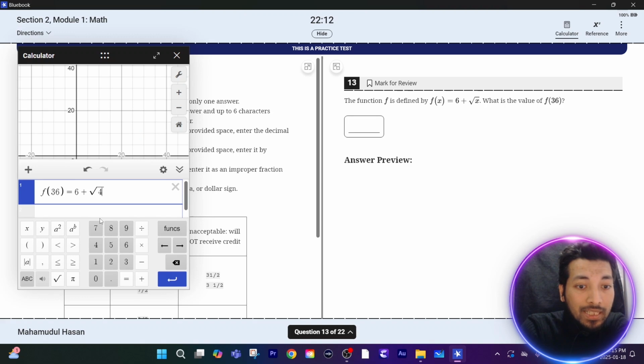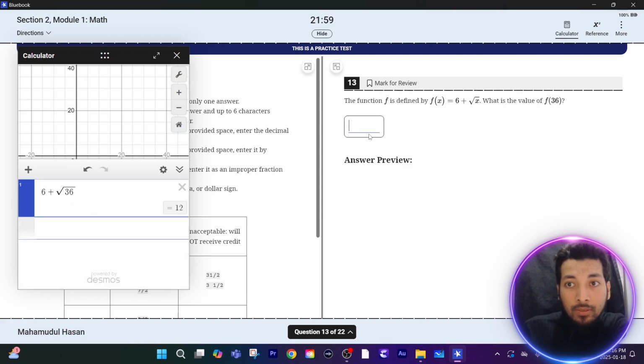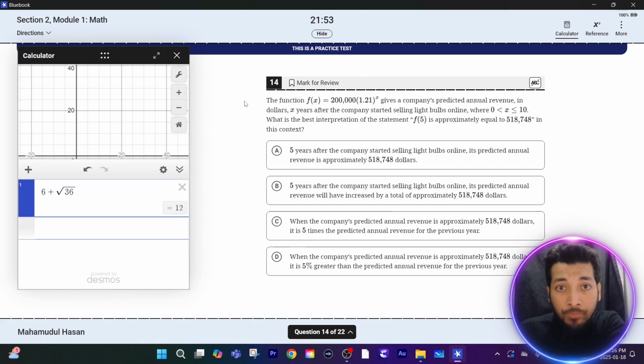So f of 36 is plugging the function for x equals 36, and we get the value as 12. So the value of the function is 12. That's our answer. Okay, let's look at number 14.